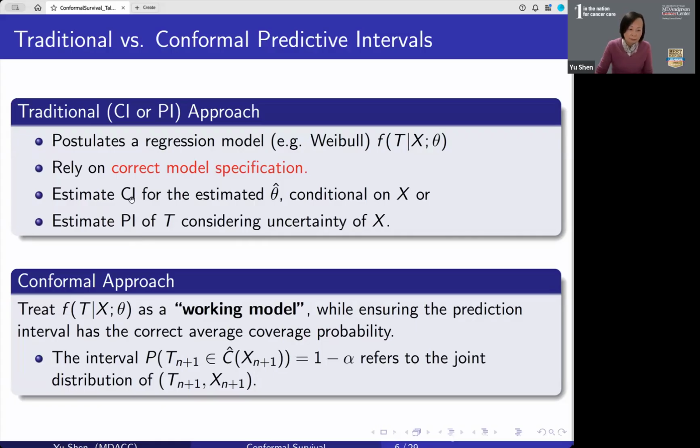But yeah, a confidence interval, usually we estimate for a particular parameter of interest, like a median, and so on and so forth.